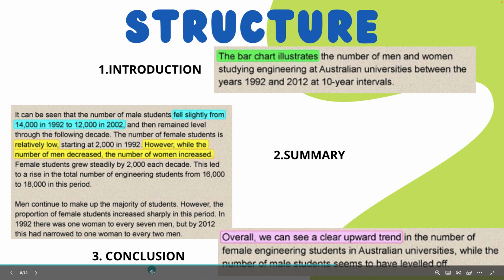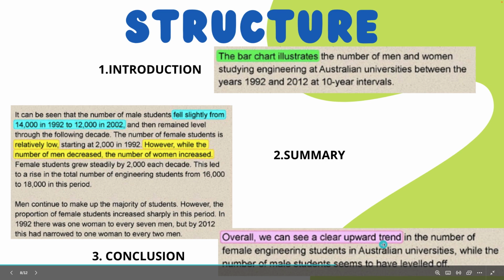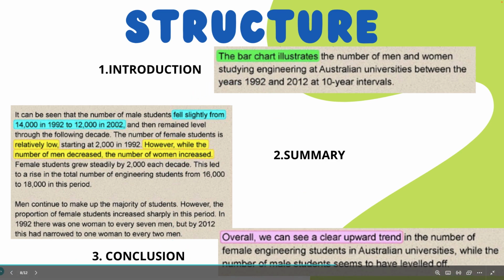And we conclude by saying overall we can see a clear upward trend in the number of female engineering students in Australian universities, while the number of male students seems to have leveled off. Okay, so this is the perfect structure of a written mediation.